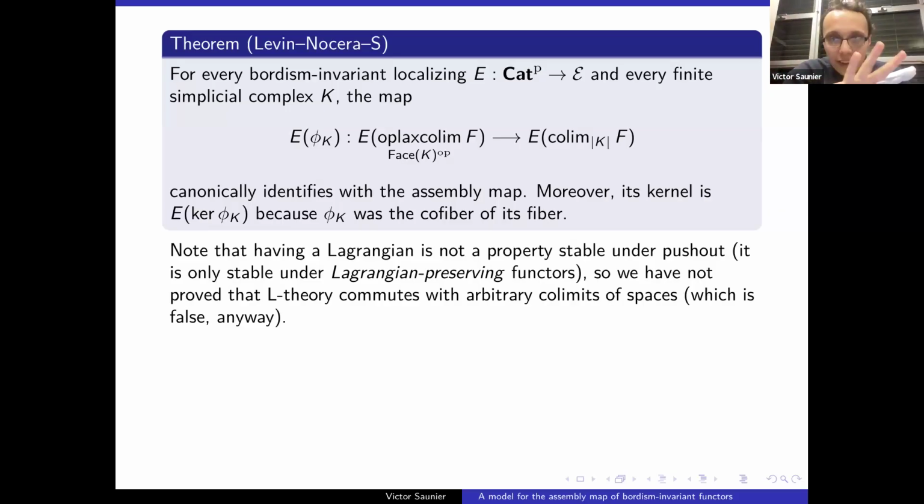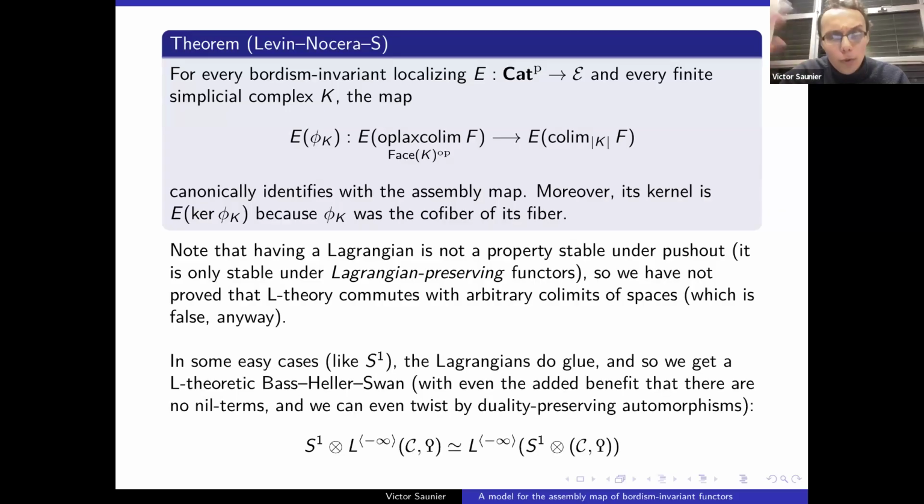So don't be fooled by this. It's not true that L-theory commutes with arbitrary colimits of spaces. This is not what it proves. The strategy that we employed to check that ker phi k vanished for k equals delta n will not work generally for non-trivial shapes. In particular, it means there's now more work.